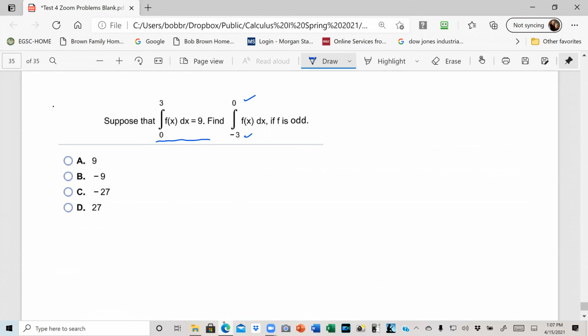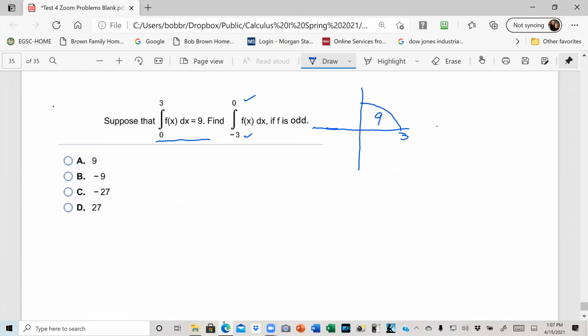Now, we're told that the integral from 0 to 3 is 9. So the area under this curve is 9.